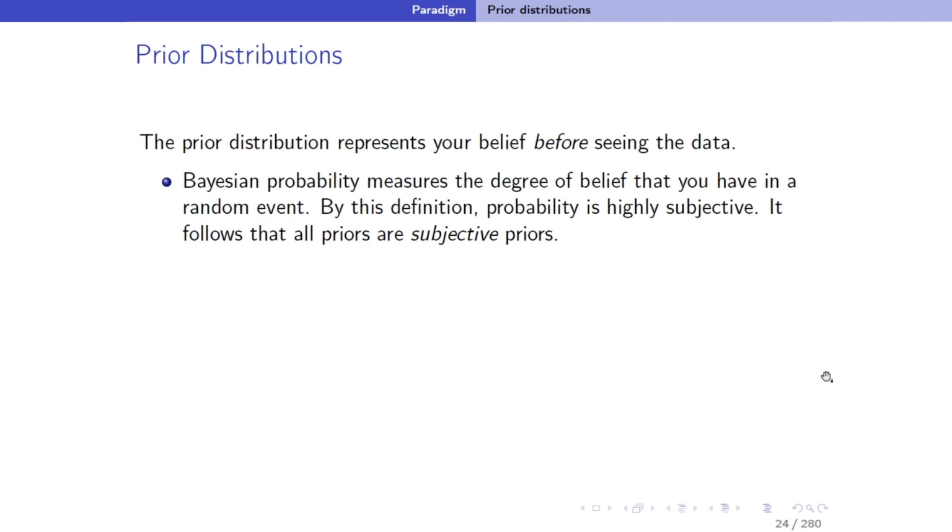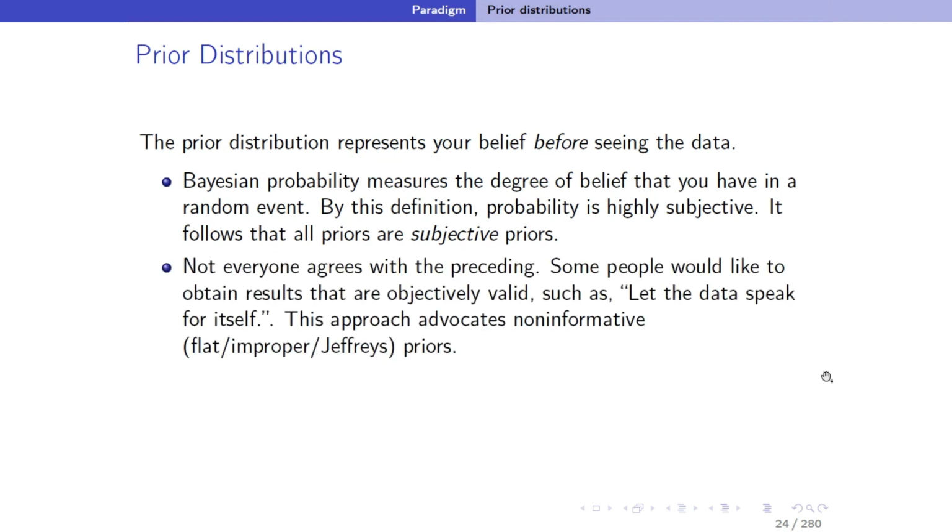It follows that all priors are subjective priors, and people don't like the word subjective, even though we had discussed the subjectivity in all scientific inquiries and inference. But people still want to obtain data results that are objectively valid. And so the saying is that the data speak for themselves, and don't tamper with the analysis and so forth.